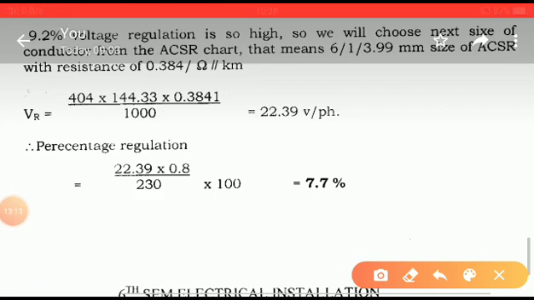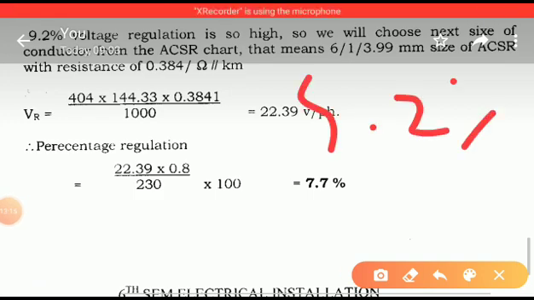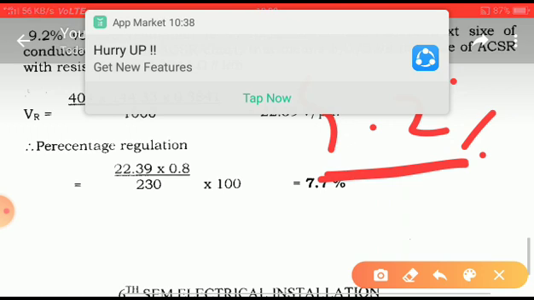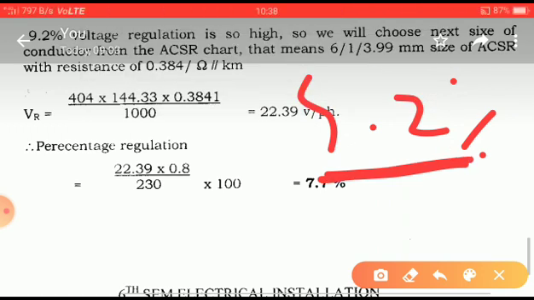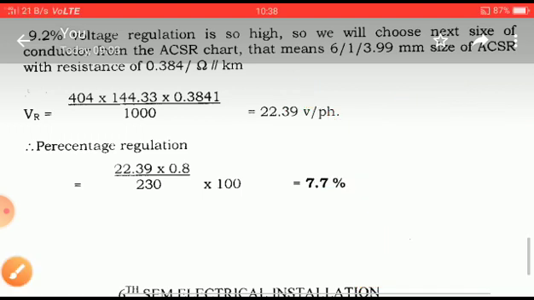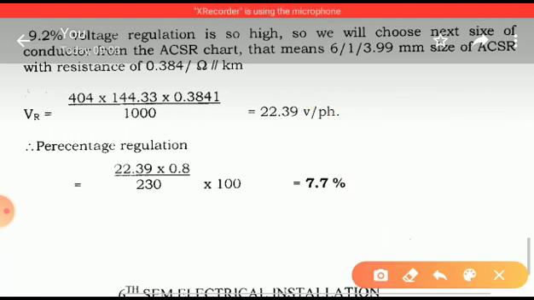Previously we got 9.2 voltage regulation, which is very high. Voltage regulation means voltage drop or the loss of voltage in the line. So the voltage drop of 9.22 is very high. So we will consider the next conductor in this chart, 6 by 1 by 3.99.